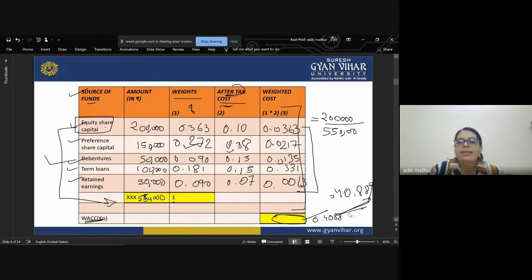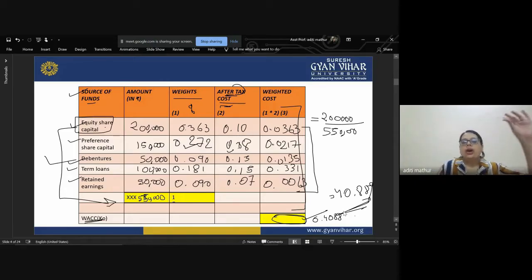Right? So it was a fake example, just so that you can learn how to calculate the weighted cost of capital. Now let's see this table in which we first wrote all the sources of fund, their amount, and calculated the individual weights.